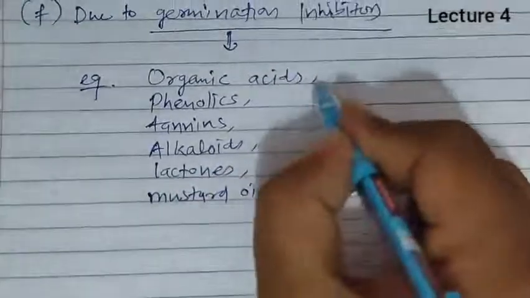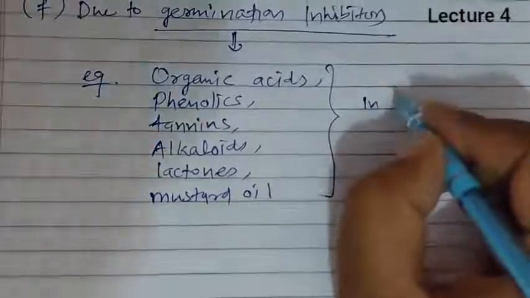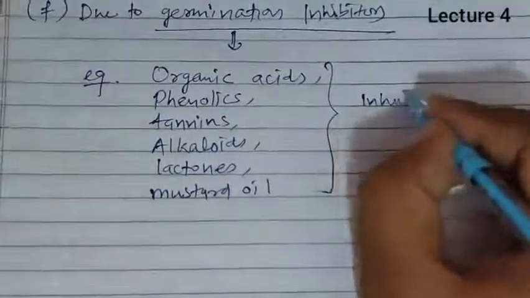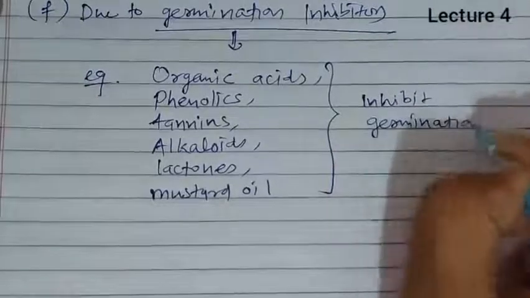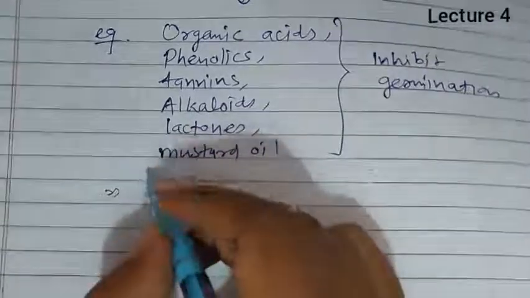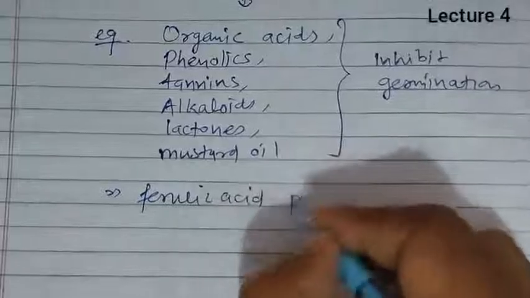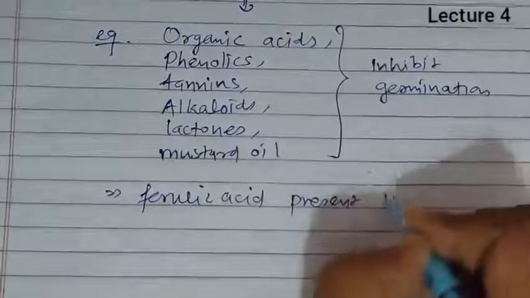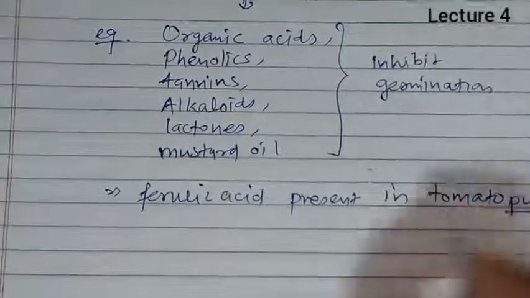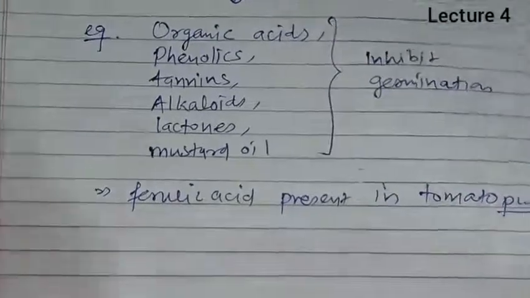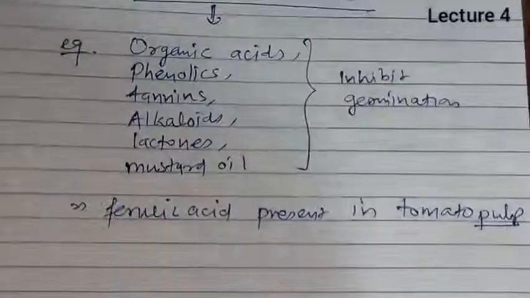These are all growth inhibitors, so they inhibit germination. Specifically, ferulic acid is an inhibitor present in tomato pulp. So these are the different reasons responsible for seed dormancy.